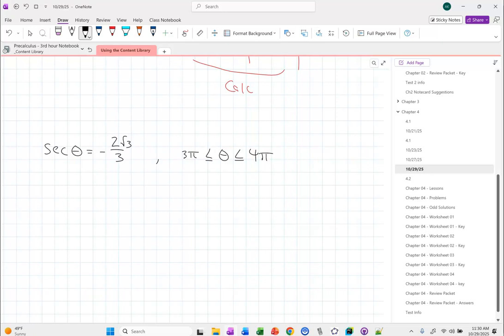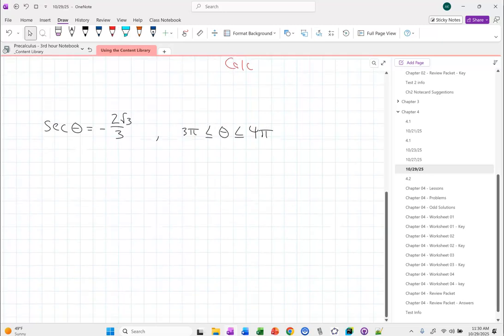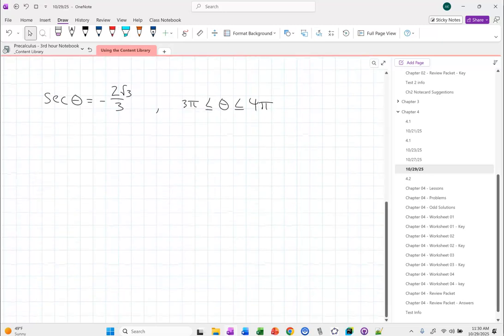Okay, so example number 2. First thing I'm gonna look at: is this a unit circle or calculator problem? Unit circle, because you see the square root of 3 and the fraction in there, which is usually a dead giveaway. Before I figure out the quadrant, I want to rewrite this as a sine, cosine, or tangent problem.